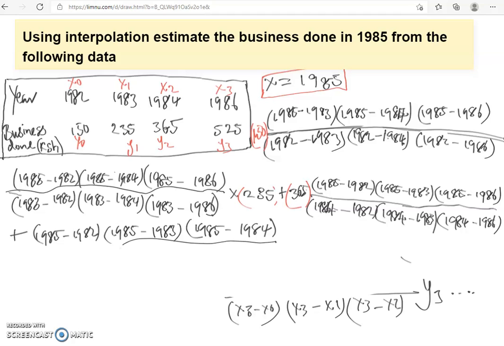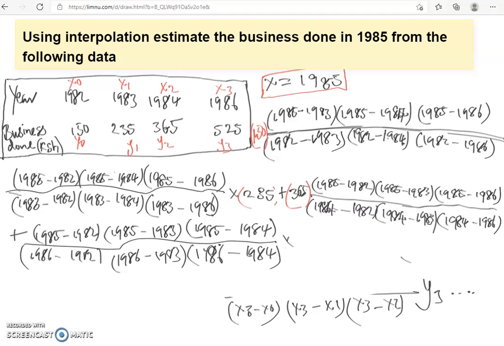So now that we have got this, x3 minus x naught, x3 is simply 1986, so we have 1986 minus 1982, 1986 minus 1983, then 1986 minus 1984.